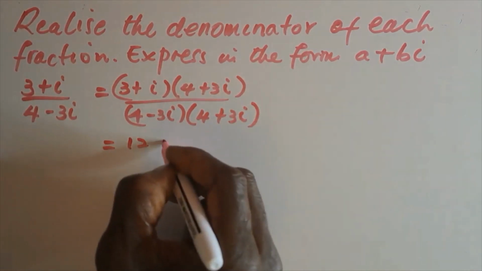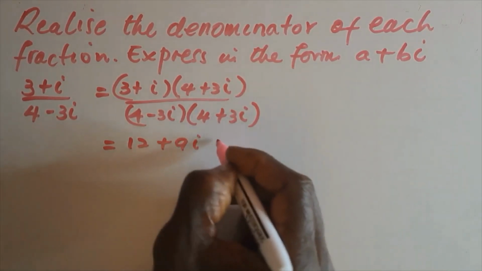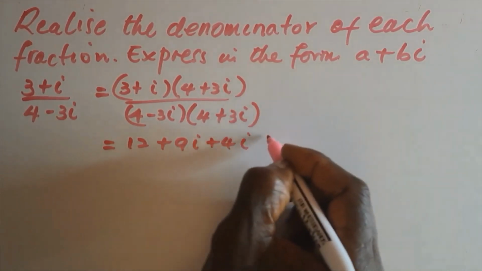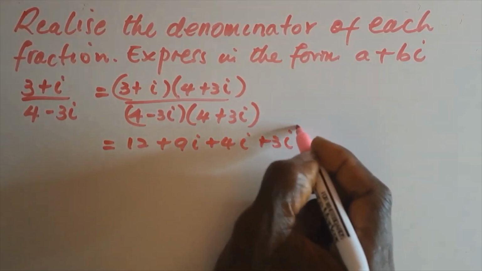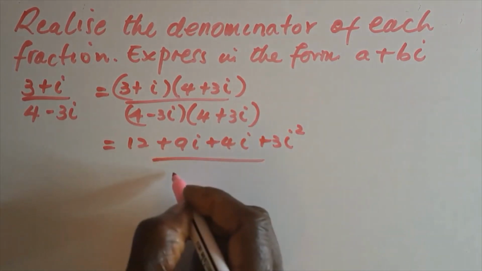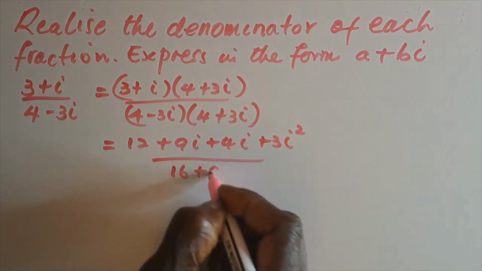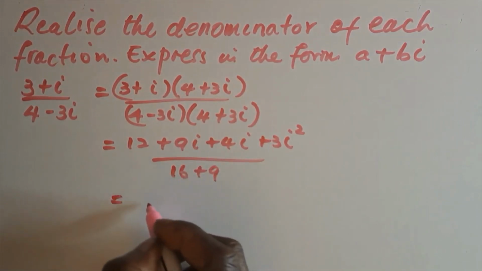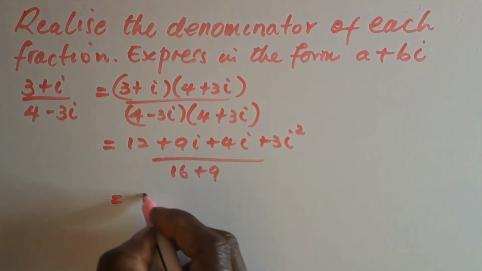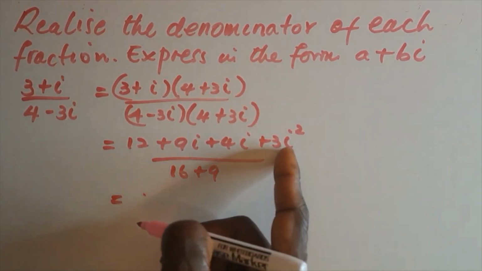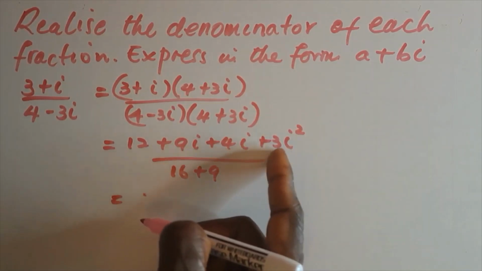It's 12, 9i add 4i add 3i squared over 16 add 9, which becomes, this i squared is minus 1, so this becomes negative 3.